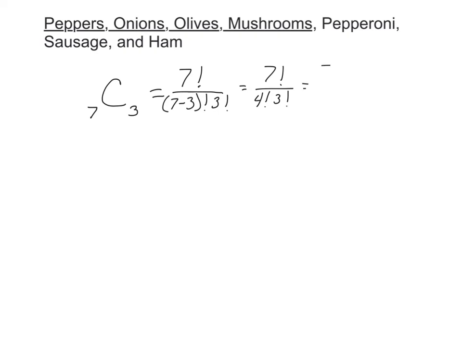And we write this out. That would be 7 times 6 times 5 times 4 times 3 times 2 times 1 all over 4 times 3 times 2 times 1 times 3 factorial, which is 3 times 2 times 1. I'll go ahead and cancel these out.